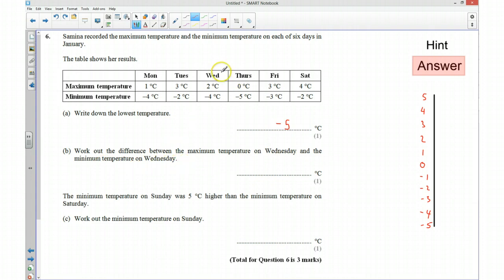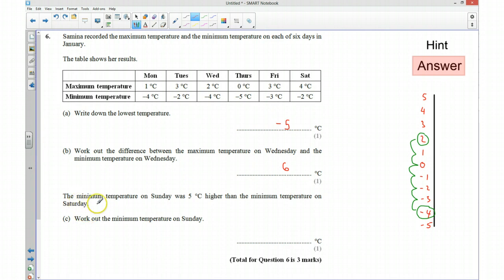But if we look on Wednesday, the maximum temperature was 2 degrees, and the minimum temperature on Wednesday was -4 degrees. Okay, so the difference between the two is 1, 2, 3, 4, 1, 2, 3, 4, 5, 6. So it's going to have a difference of 6 degrees centigrade.